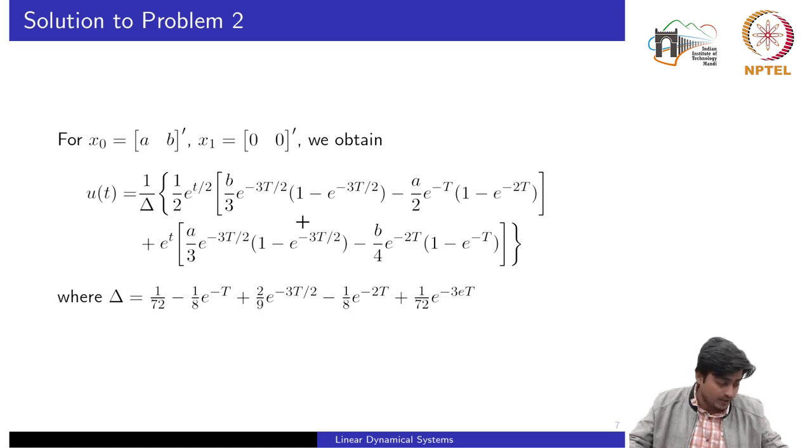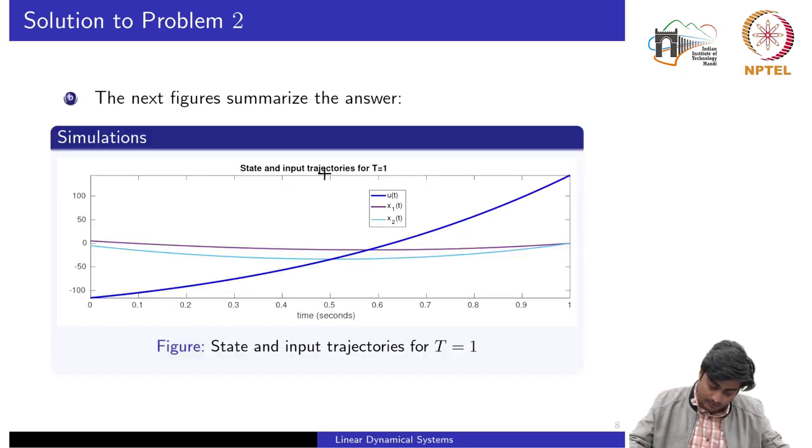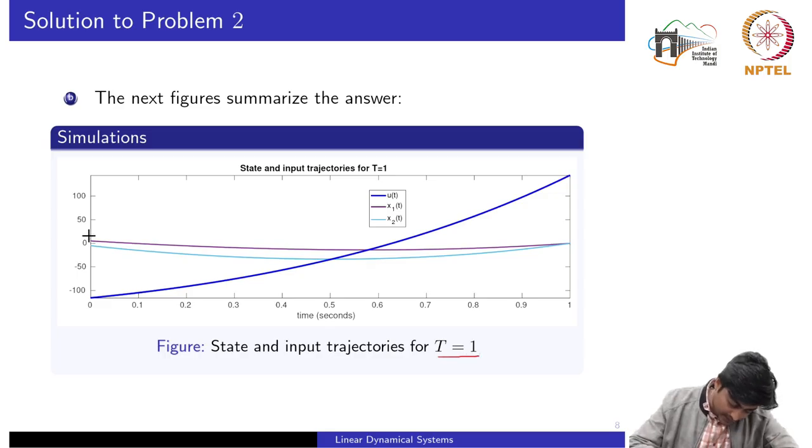Once we have the analytical expression and give it to the plant, we also compute the trajectories x1 and x2 to show whether they are reaching the origin in a finite amount of time. The first case is when T is equal to 1 and the initial conditions are 5 and minus 5.